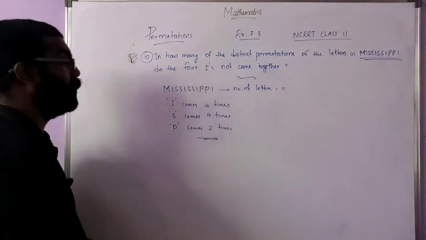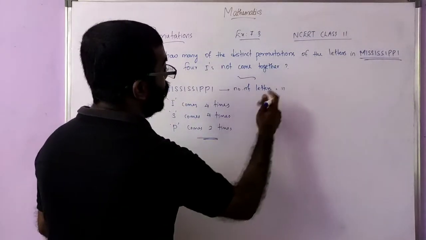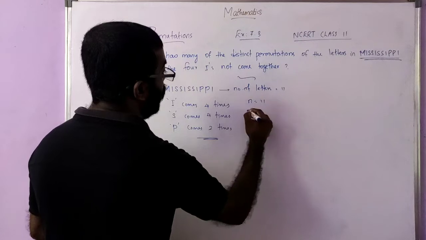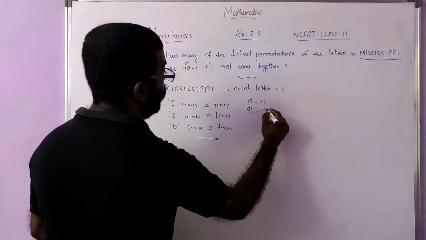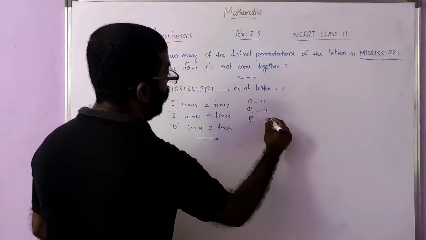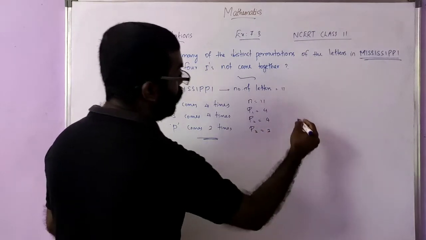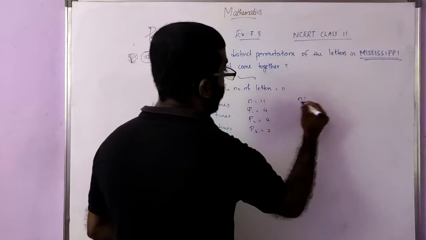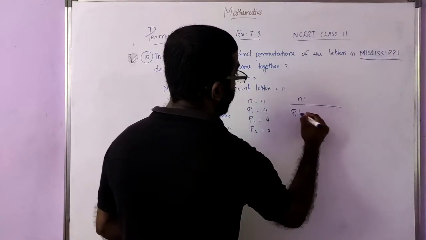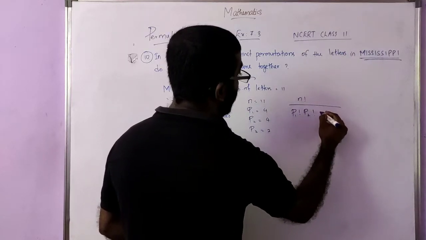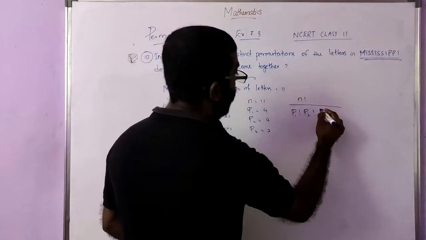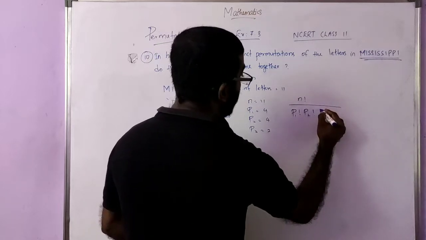So here the total number of letters we can take as n. n is equal to 11, and p1 is 4, p2 also 4, and p3 we can take as 2. And the formula is n factorial by p1 factorial into p2 factorial into etc. pk factorial. Here only 3 repetitions.